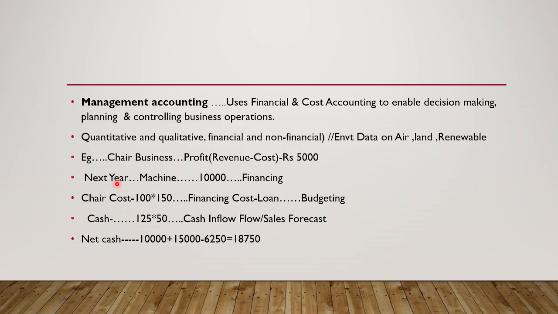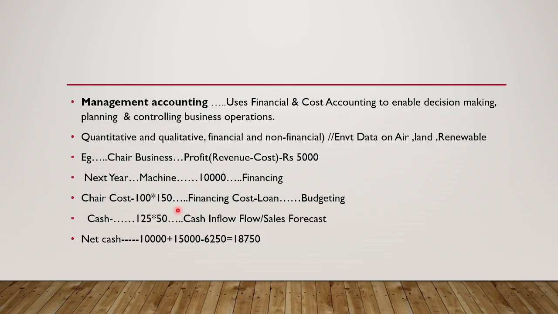So I will require machinery which will be 10,000. I have to see how I should be financing it. Then I have to see how much material and labor I'll be requiring, so I have to provide that cost also.